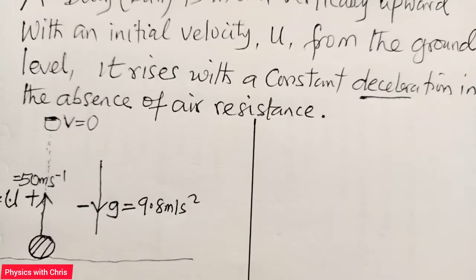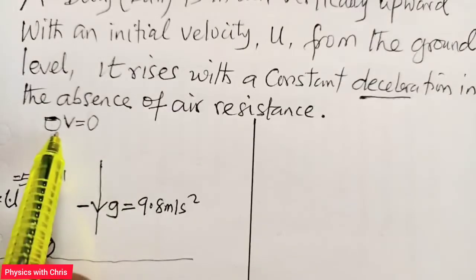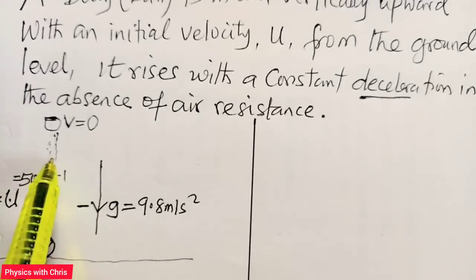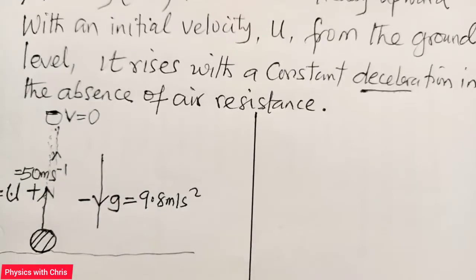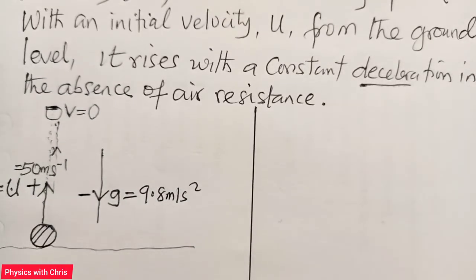The body stays at rest momentarily at its maximum height and then starts falling back down to the ground. But in this video, we are just considering the upward motion of this body, as it rises against the direction of acceleration due to gravity.